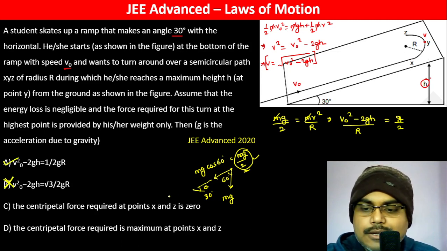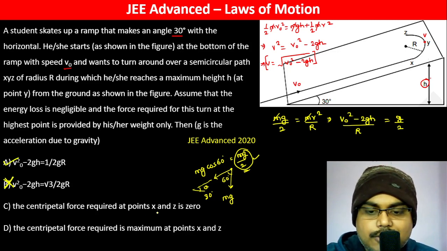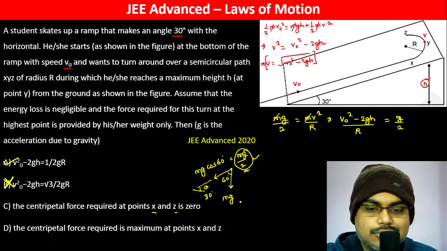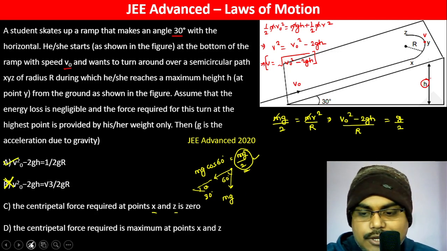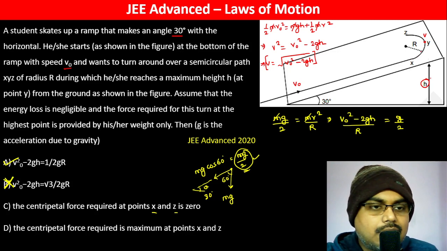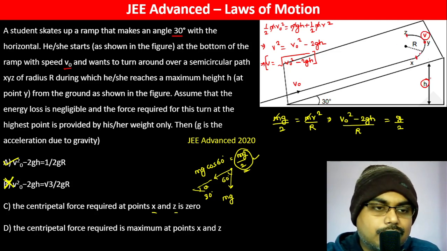Okay, now the centripetal force required at points x and z is equal to 0. See, it's very clear that at the highest point the velocity is going to be minimum, and at these points the velocity is going to be more, because it is down, so the potential energy loss is less.